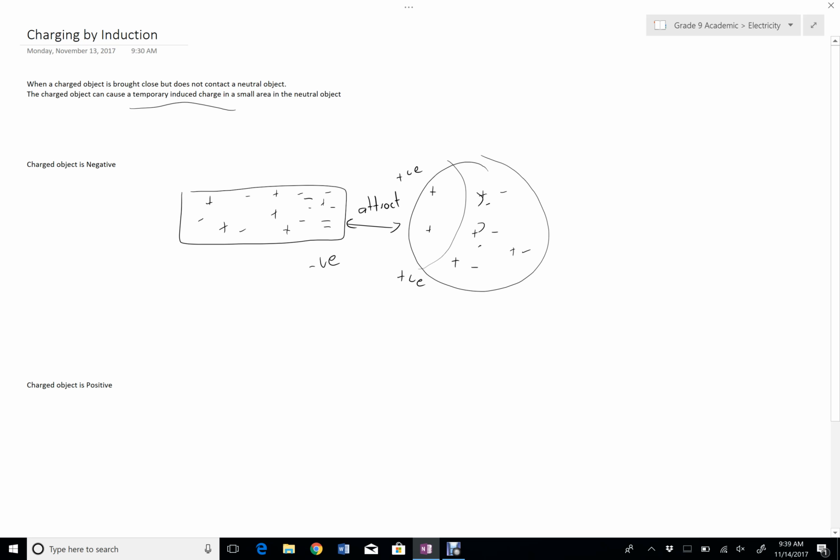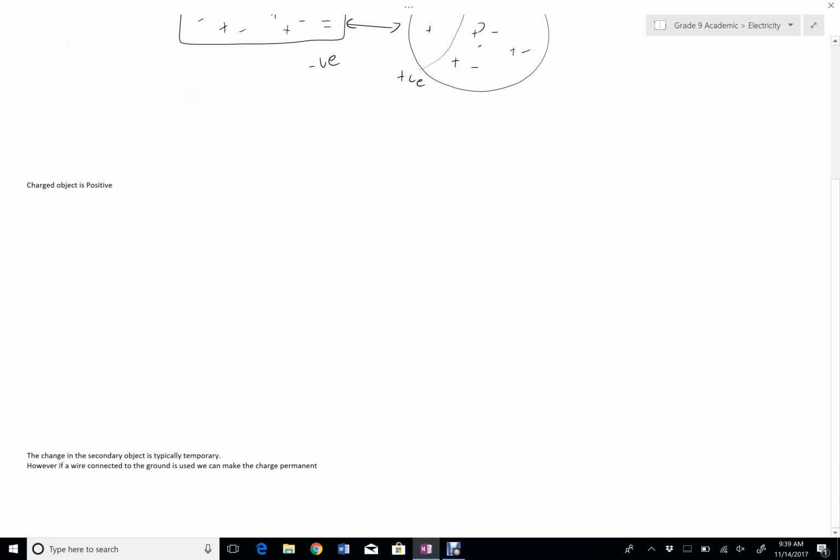Let's see how this works now with a positive object. So what we can see here is there's a deficit of electrons. A bunch of the electrons are missing from this positive object.